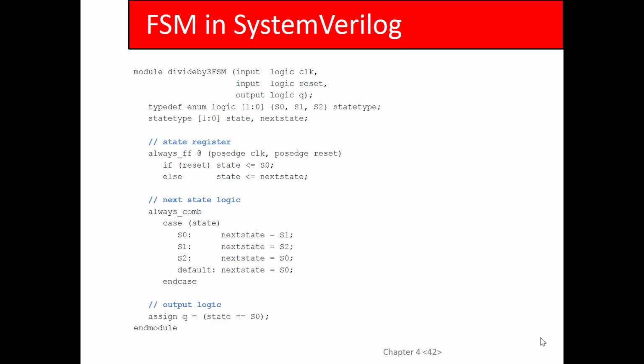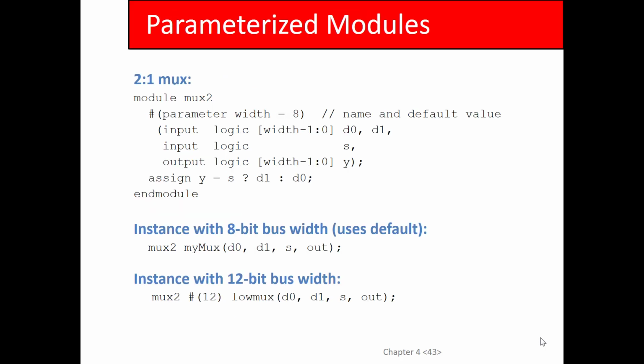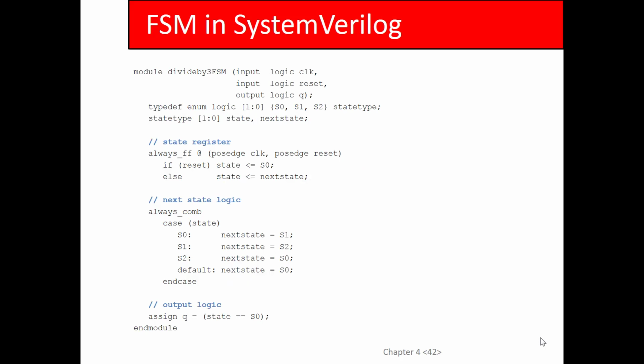Okay, so now we can build arbitrary state machines. By the way, it's not clear from looking at this because it's so simple, but think of the possibilities now. When you were doing these by hand, you were very limited because the next state logic was a truth table or a Karnaugh map that you had to build, whose inputs were all of the bits of the current state and all of the inputs.